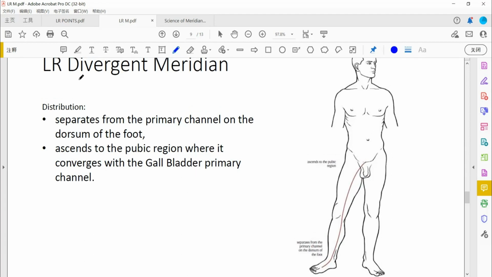The yin divergent meridians mostly will finally converge with their interiorly, exteriorly related yang meridian. That is the gallbladder meridian. So go up here and converge with the gallbladder primary channel here.